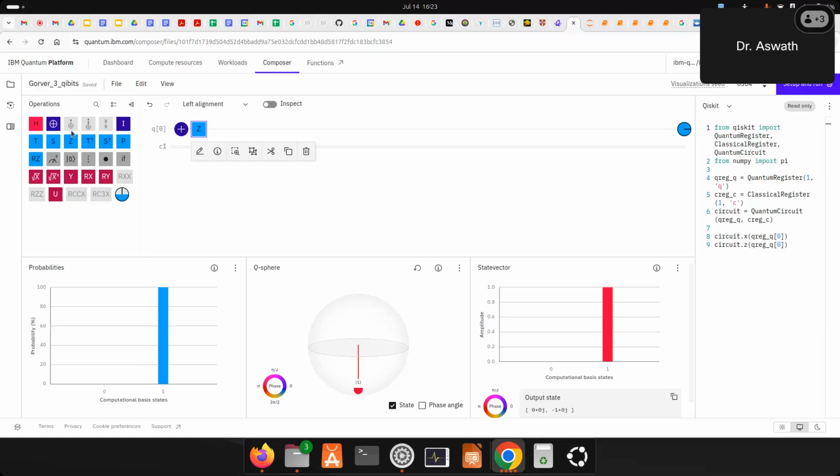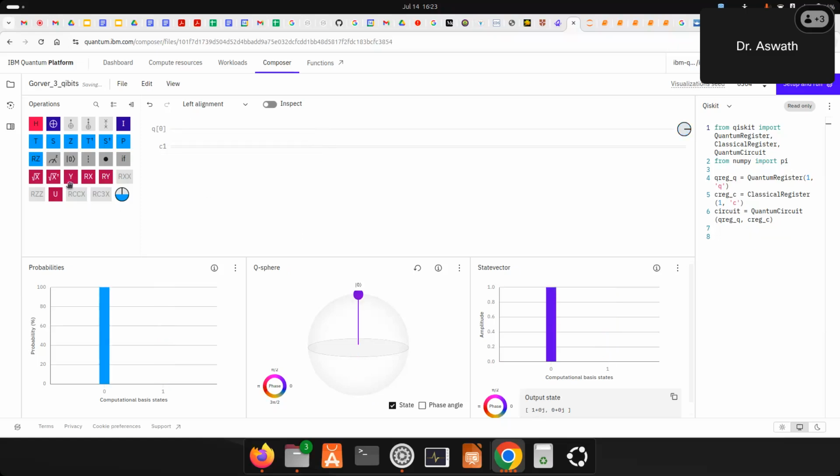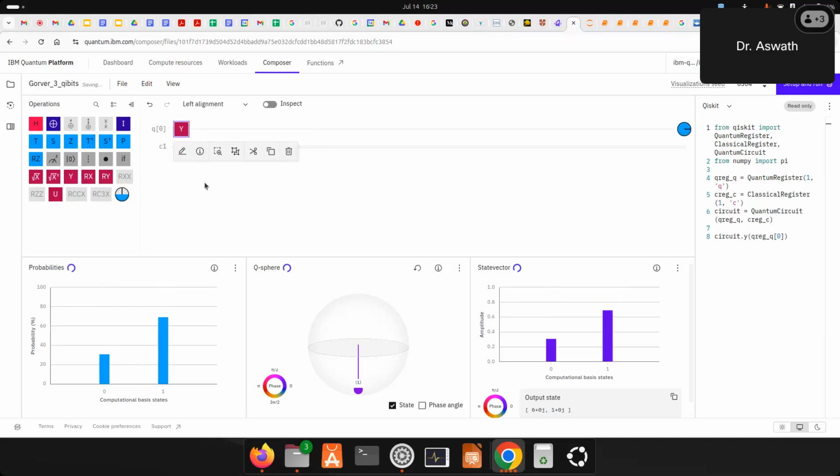Okay, so we just saw the X gate and the Z gate. There is a Y gate also. Let me remove Z. As you know, the Y gate does something for the 0 bit. Just take a Y gate and act on it. See, 0 becomes 1, and it is also taking some extra phase, which is a pi by 2 phase.